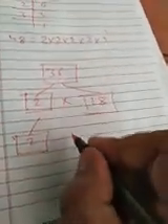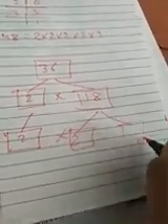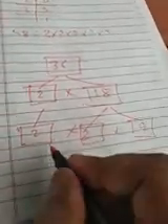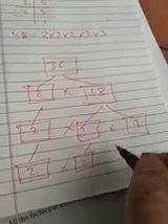Now 18 can be written as 2 into 9. Now 2 will remain the same and this will remain the same, and 9 can be written as 3 into 3. So this is the factor tree of the number 36.